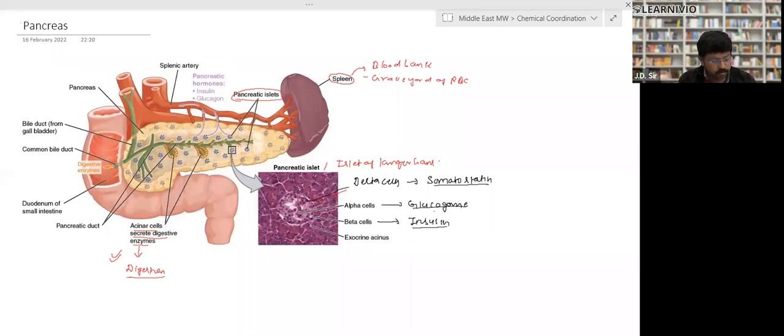It promotes protein synthesis in tissue from amino acid.